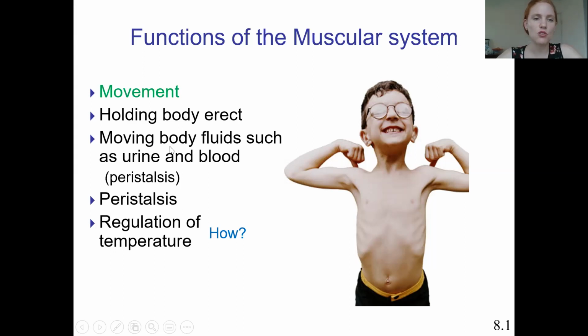But there's also things like moving fluids around, using things like peristalsis, moving urine from place to place, regulating blood flow, moving food through the GI tract. And then there is a function of regulating temperature, so that when you're shivering, all those are small little contractions of the muscle, which release a little bit of heat, which collectively can warm up the body. But the major function of the muscular system is contraction for movement.